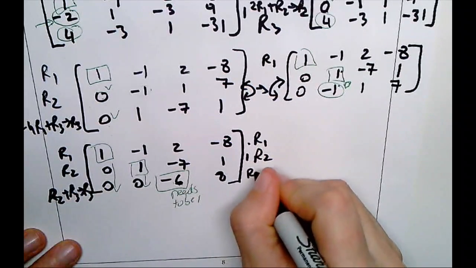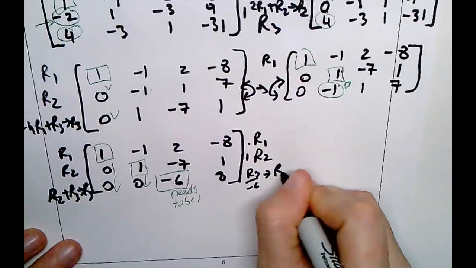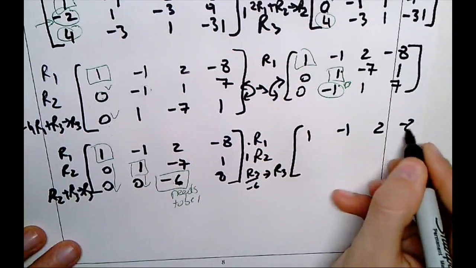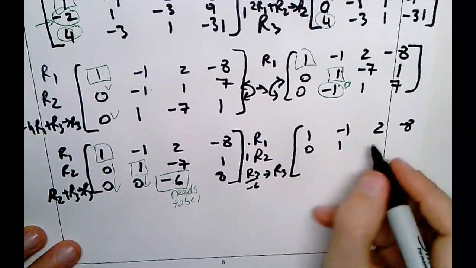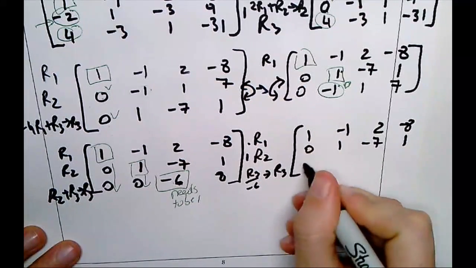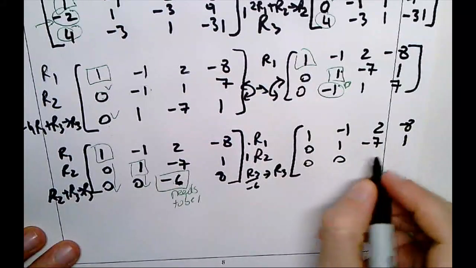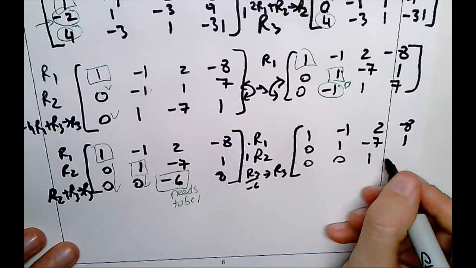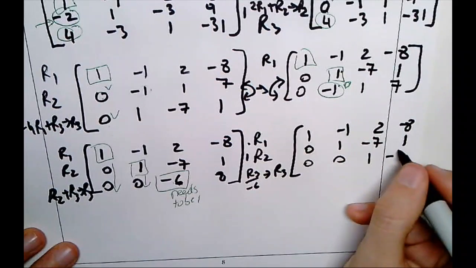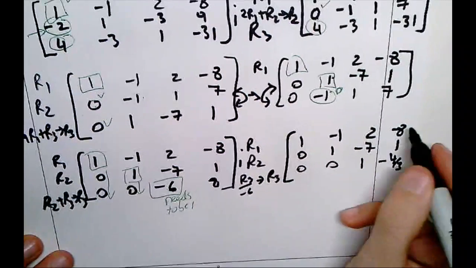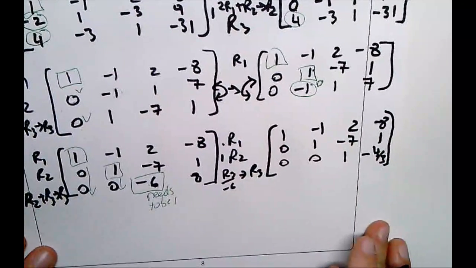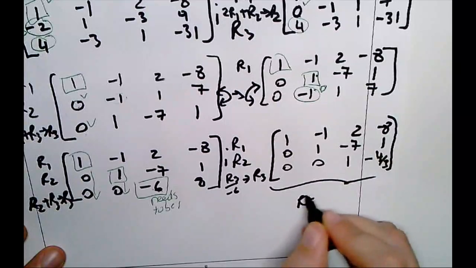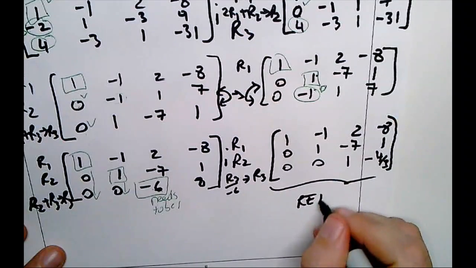So row 3 divided by -6 becomes my new row 3. -6 divided by -6 is +1, and 8 divided by -6 is -4/3. Okay, so this is not the reduced form, it's row echelon form.